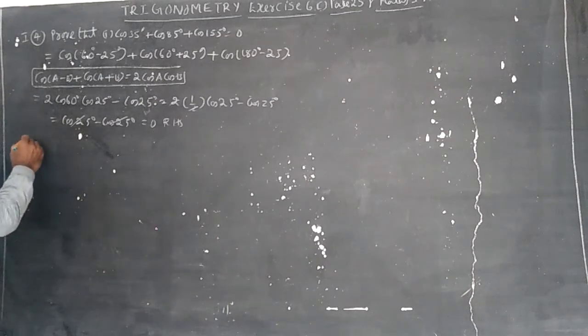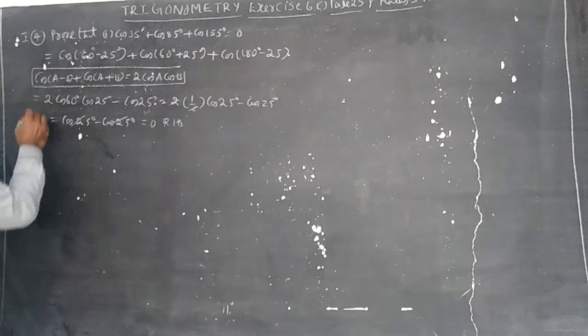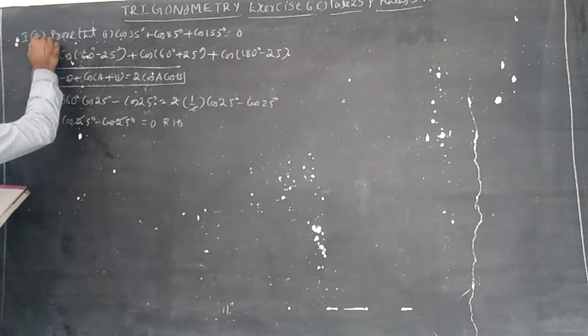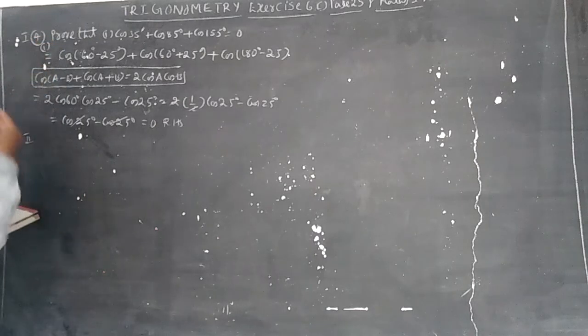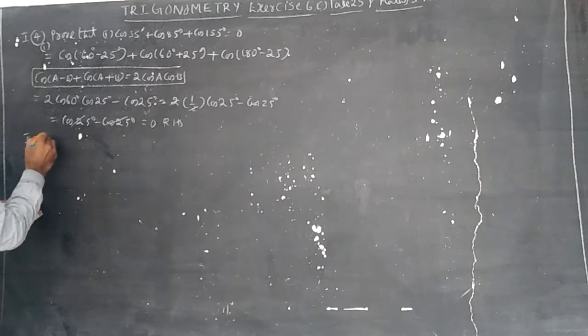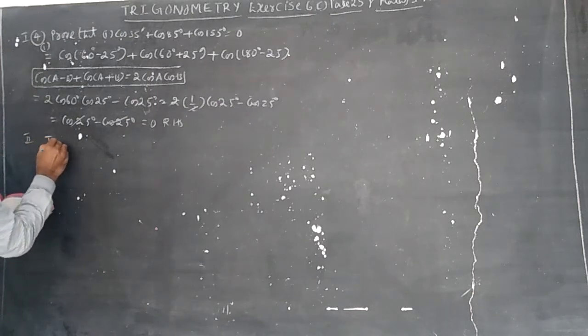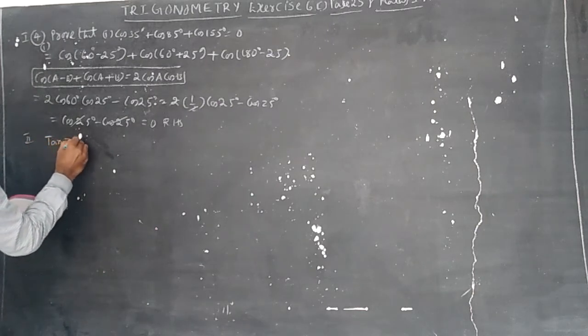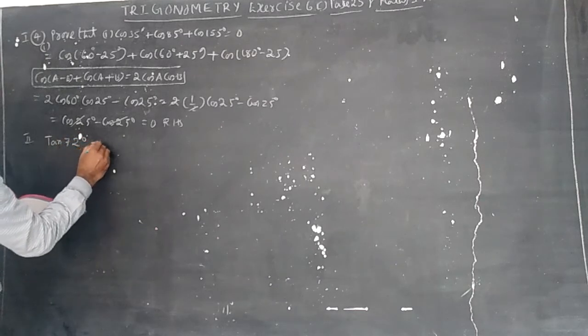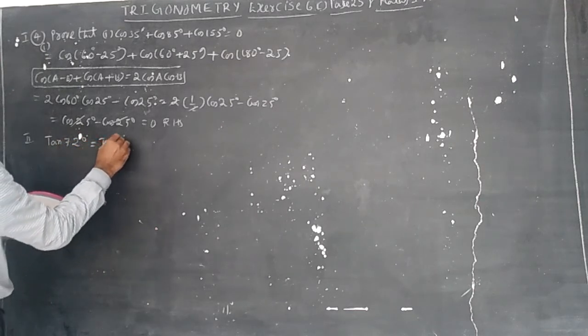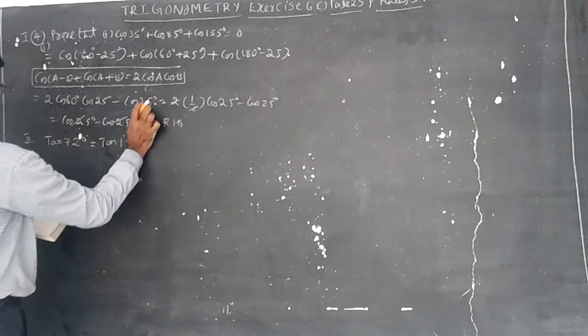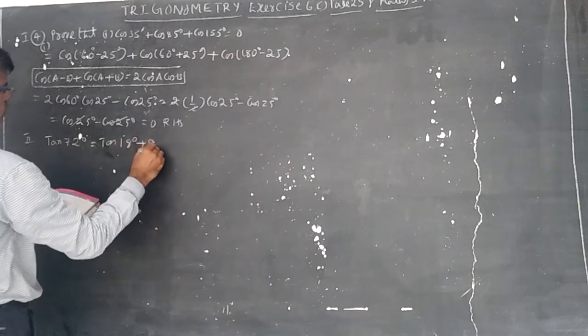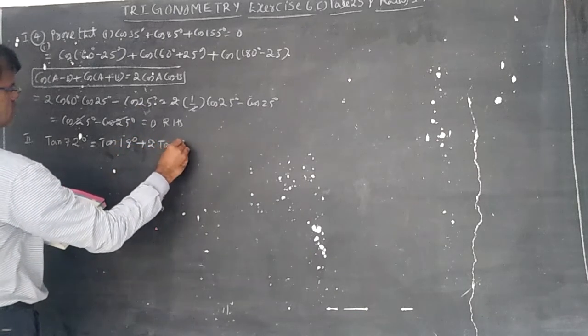Fourth one, second one. In Roman number 1, sum number 4, first part completed, second part. Prove that 2 tan 72 degrees is equal to tan 18 degrees plus 2 tan 54 degrees.